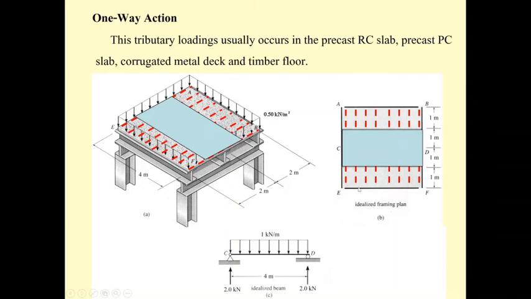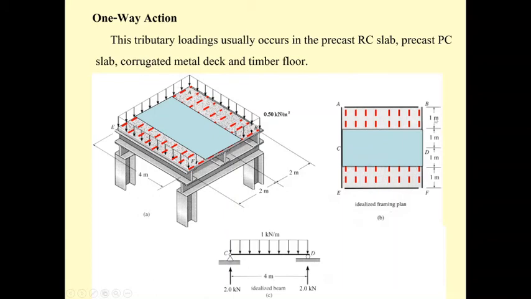This uniformly distributed load has a magnitude per meter length of the beam, so you have to consider per meter length of the beam. For a meter length of the beam, the area covered is going to be 2 meters times 1, so 2 square meters.